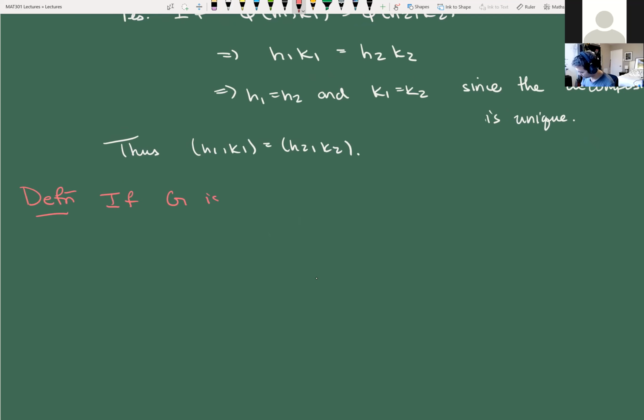If G is a group and H1 through Hn are subgroups such that one, each of the subgroups is normal, right? Again, naturally that has to be true. So Hi is normal in G.